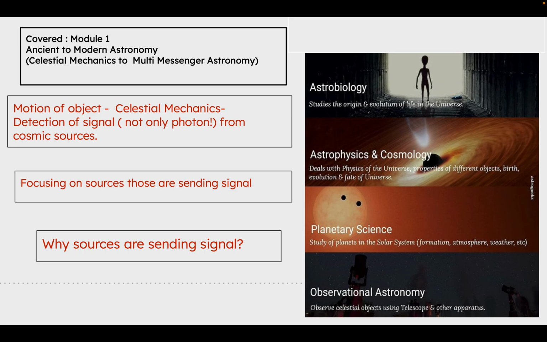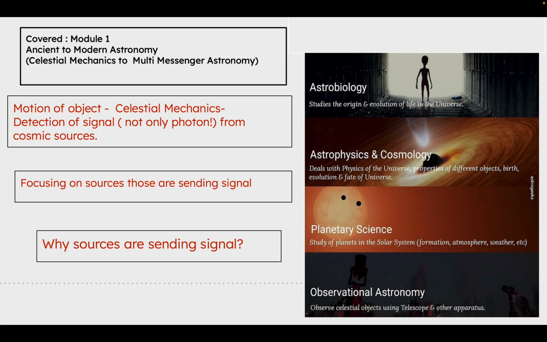So broadly, modern astronomy can be divided into 4 sub-branches. One is observational astronomy, another is planetary science, then astrophysics and cosmology, where people study extragalactic astronomy, and another part, more linked with biology, is astrobiology.